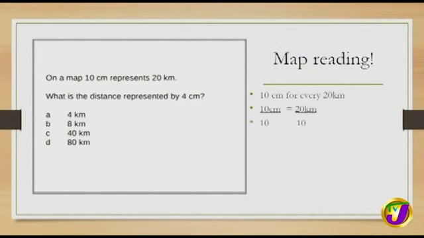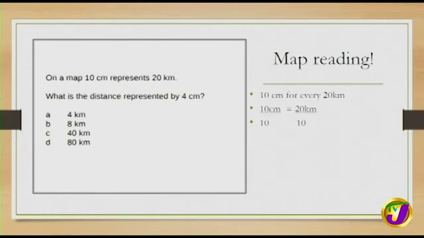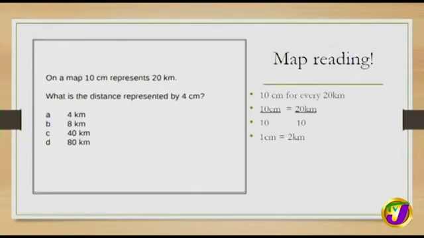We can simplify this representation. What if I factor out 10 from both of these? If I divide 10 by 10, I get 1. Divide 20 by 10, I get 2. So, simplifying the representation, 1 centimeter to 2 kilometers.